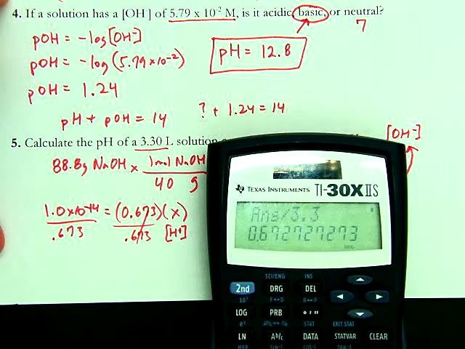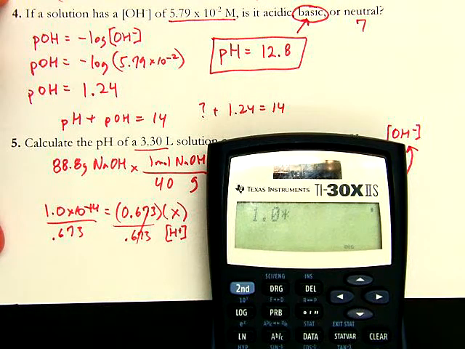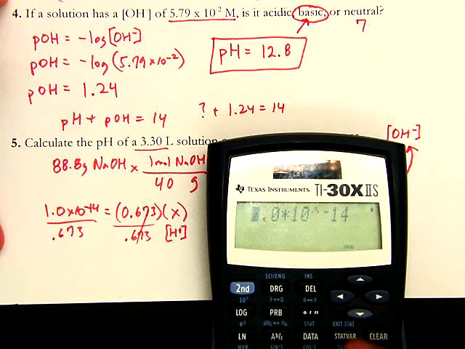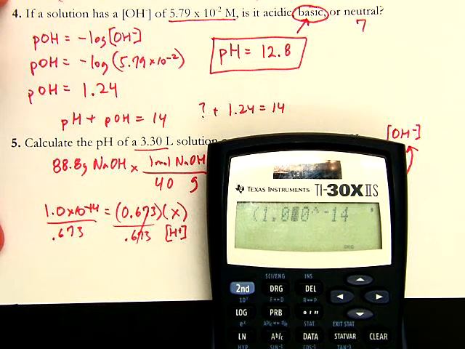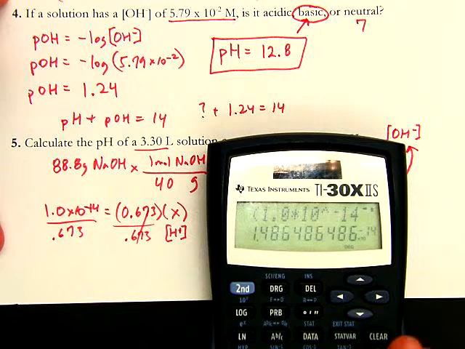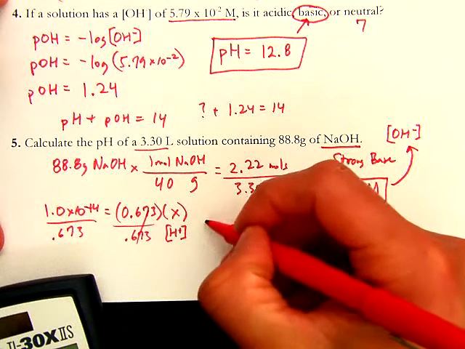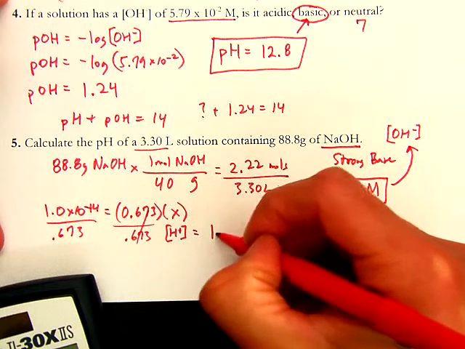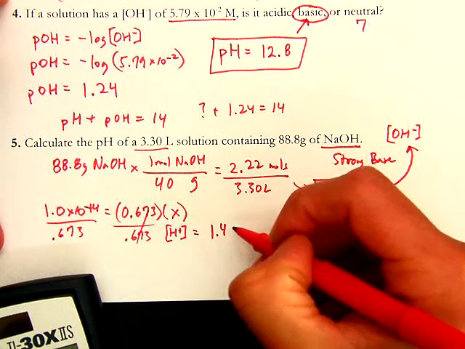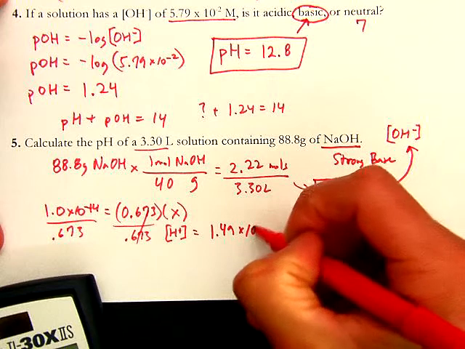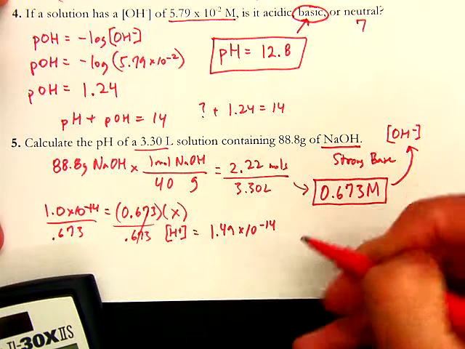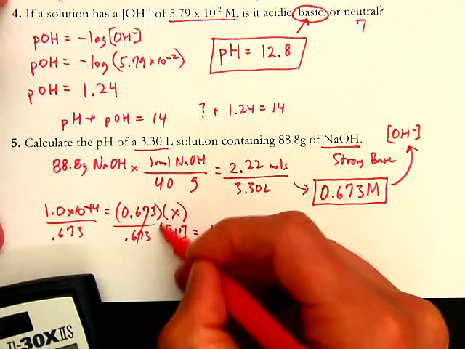Let's see what we get. I have to put this all in parentheses, otherwise I'll mess up the order of operations. So the concentration of H is 1.49 times 10 to the negative 14.